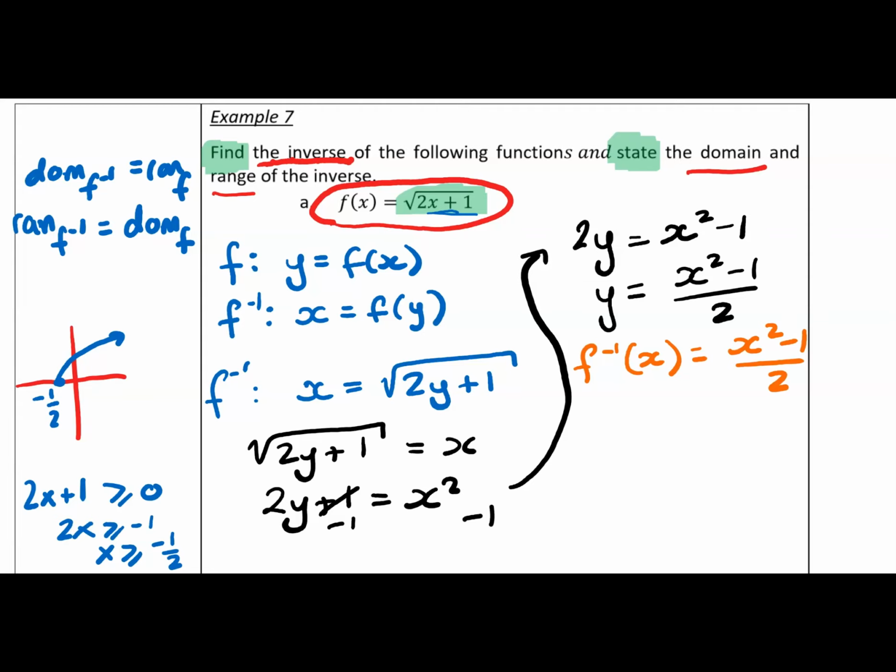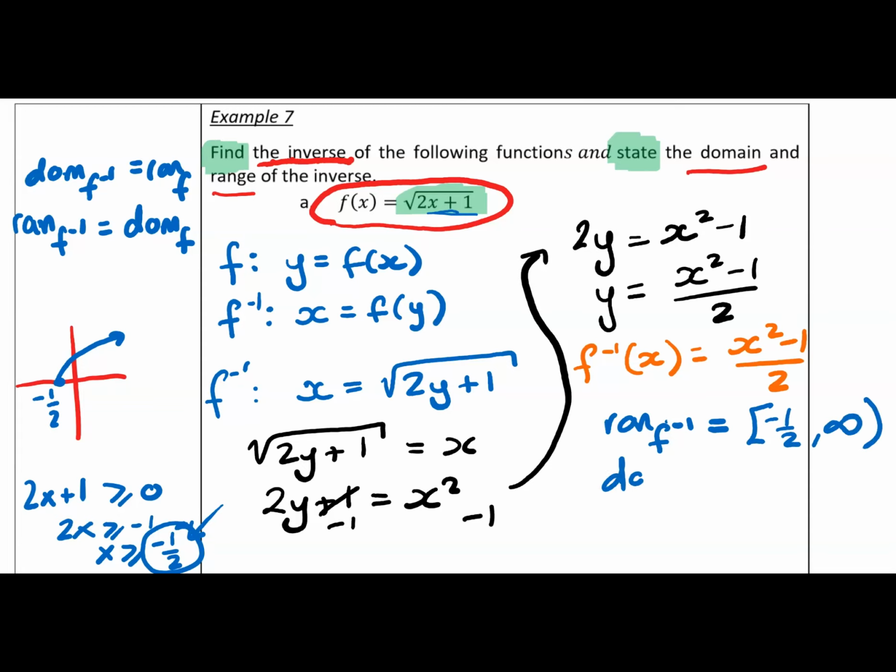Well, I know that the range of the inverse, ran f negative 1, is equal to the old domain, which we said was greater than or equal to negative a half. So my new range will be negative 1/2 to infinity.